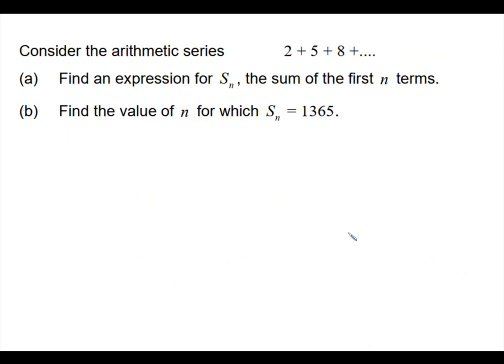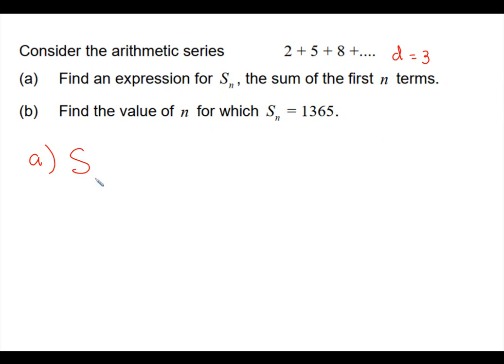All right, let's take a look at this next example here. So we have this arithmetic sequence, right? And they want us to find the sum, or find an expression for the sum of n terms. So let's take a look at A here. So first of all, we know that this looks like it's got a common difference of 3.